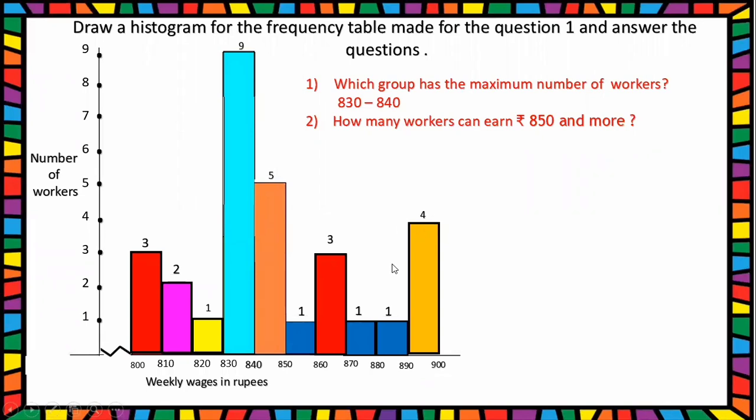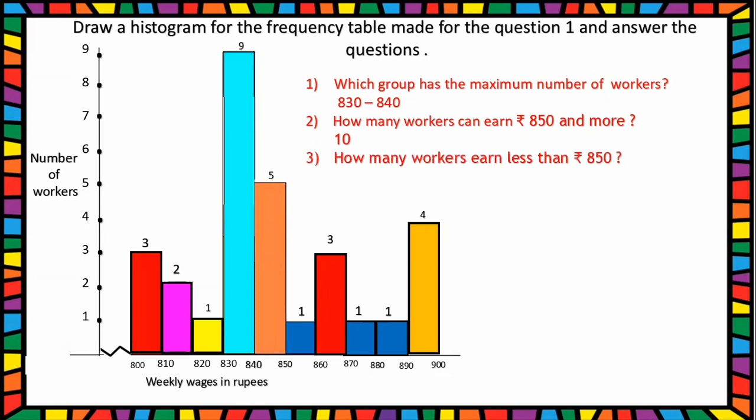So you have to add these 5 numbers: 1 plus 3 plus 1 plus 1 plus 4. So a total of 10 workers earn rupees 850 and more.